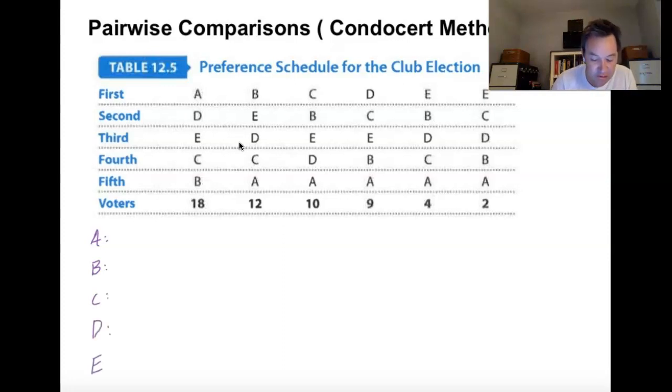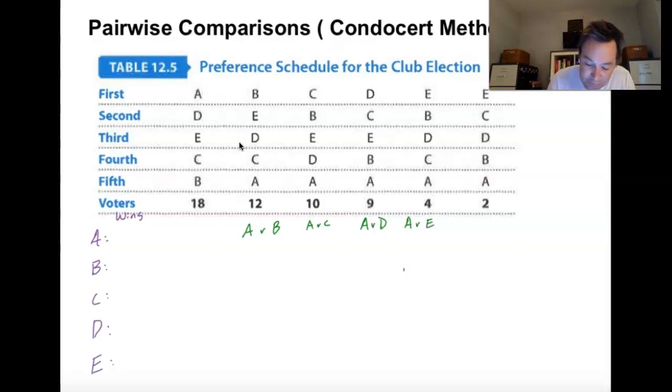So over here, I'm just gonna keep track of the number of wins each candidate gets, and off to the right, let's go over the possible head-to-head comparisons. So we have AvB, AvC, AvD, AvE.